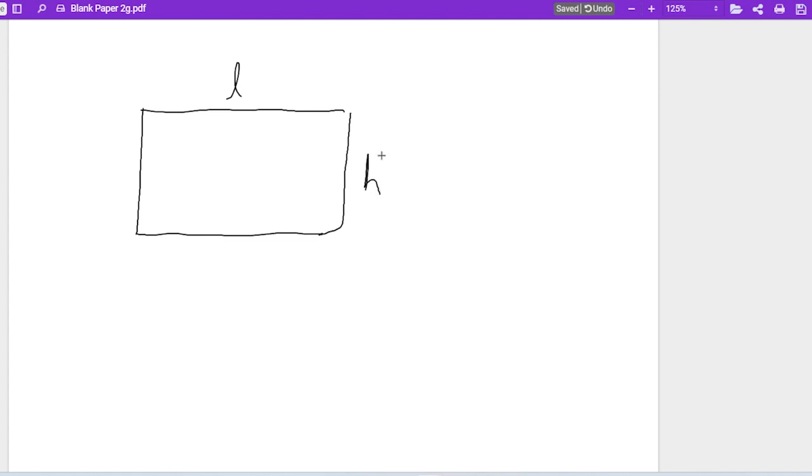So the next problem I have, it's a word problem. Let's say I have an advertisement billboard. And I'm going to tell you that its length is 6 feet longer than its height. So whatever this length is, whatever this height is, this length is 6 feet higher or longer, whatever you want to say.